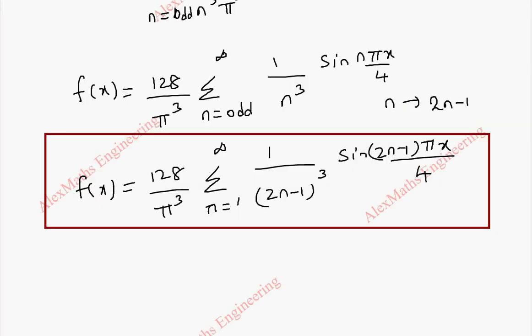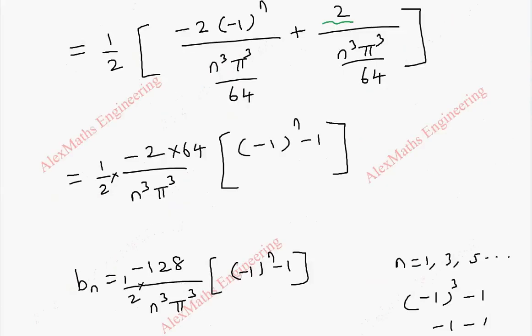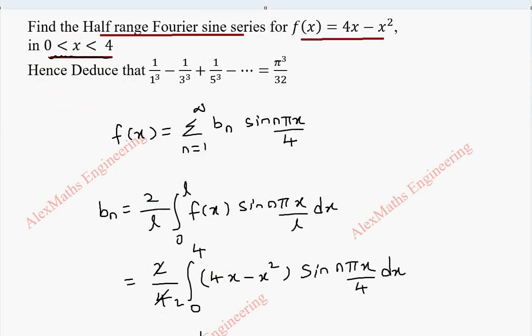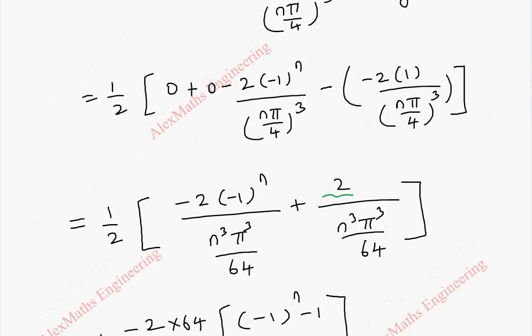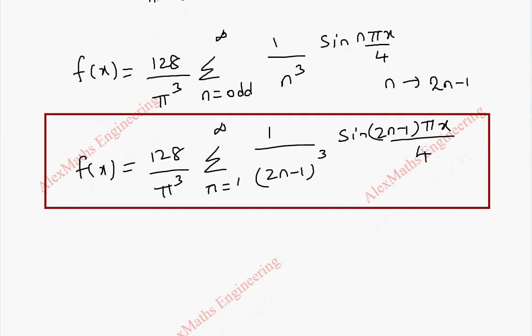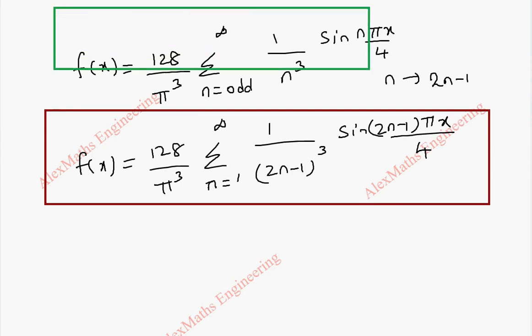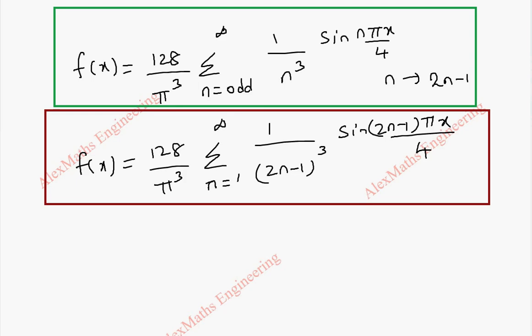For proving the second part of the question, we have to deduce 1 by 1 cube minus 1 by 3 cube plus 1 by 5 cube and so on. So we have to take a value for x. For that, instead of the last terms, we are going to use this. It is easier because when n is odd, we have this.